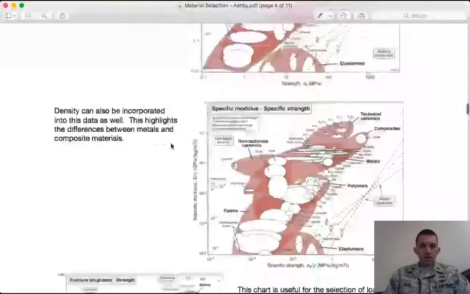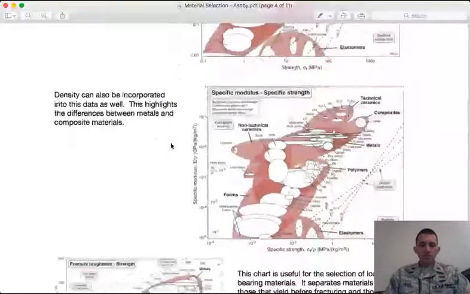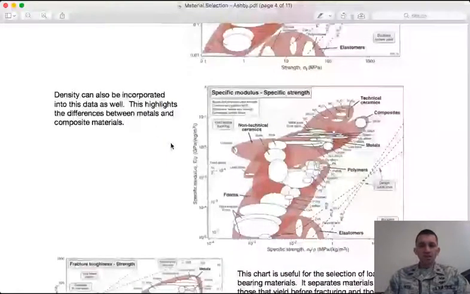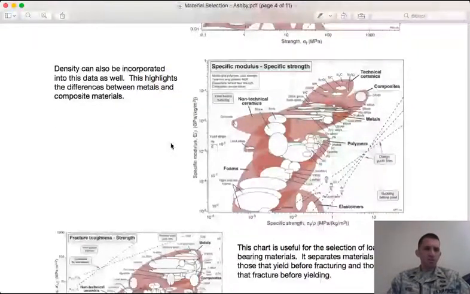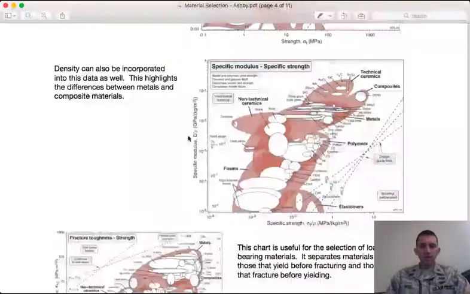You can also take that Young's modulus versus strength and look at it on a density basis. So if you divide both by the density, then you get specific modulus and specific strength, which again is helpful if you have a weight-sensitive application.